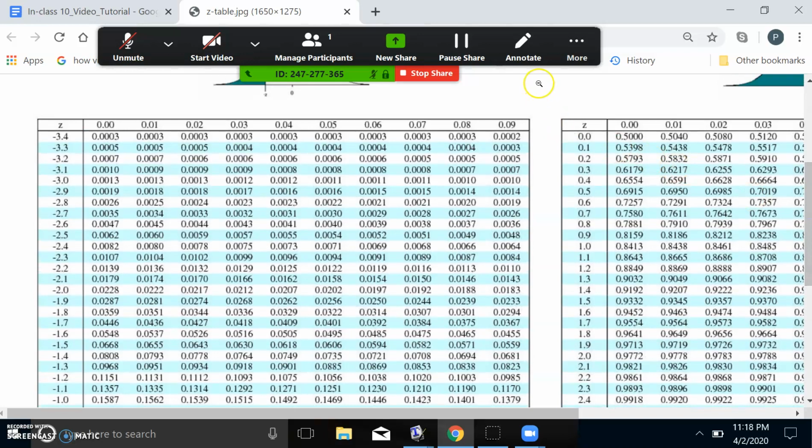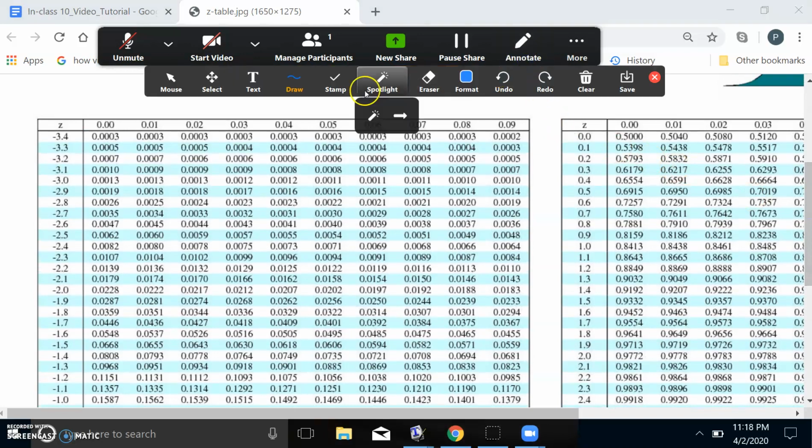So we're going down to negative 1.3, going across, and then coming down from 0.03, because the number is negative 1.33. So that value right there will be our number.